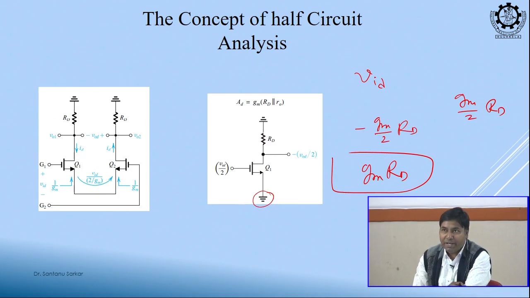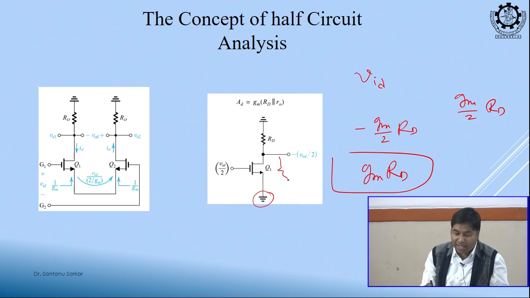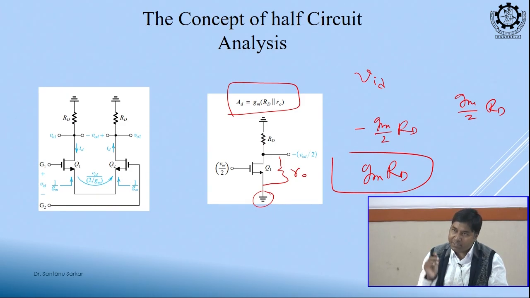So, this will be our small signal gain. And if we consider the channel length modulation, it will be GM into RD parallel R naught, just like the common source. So, its small signal response is just like the common source response. Why? Because of this half circuit concept.